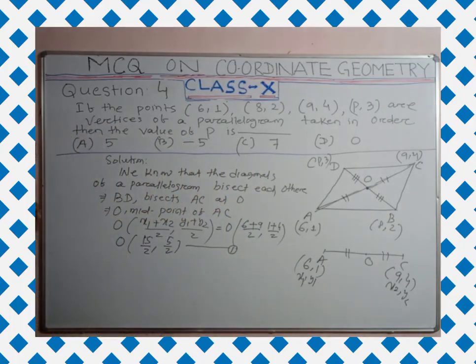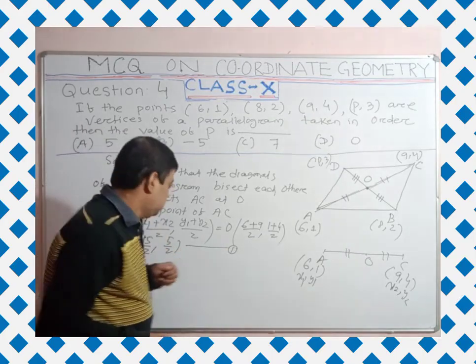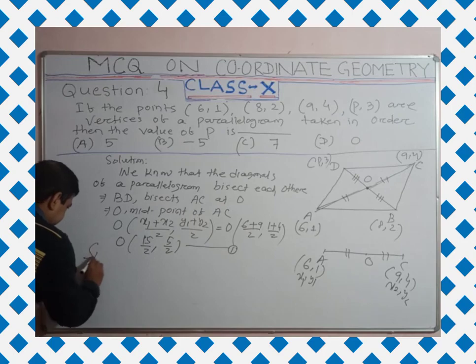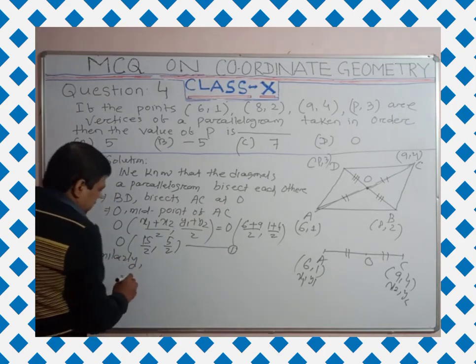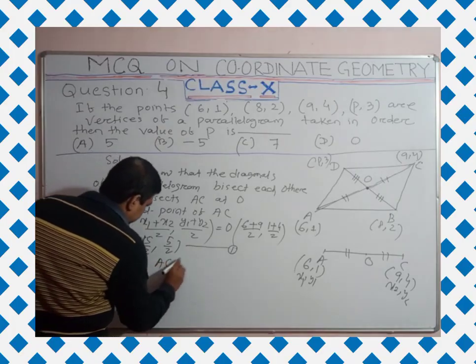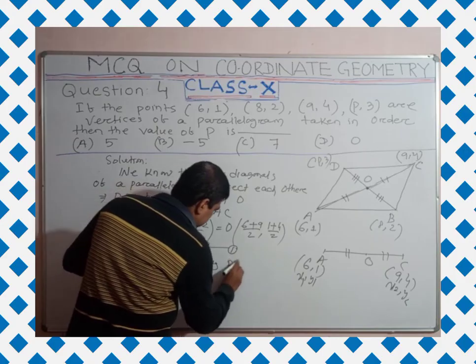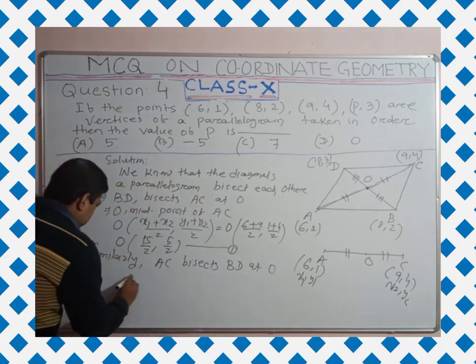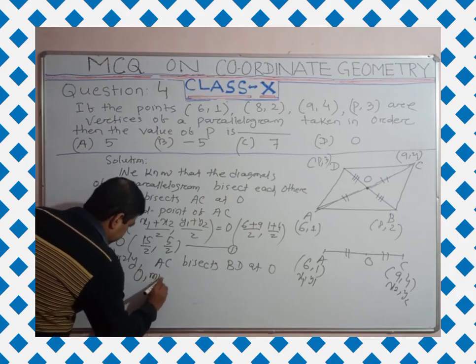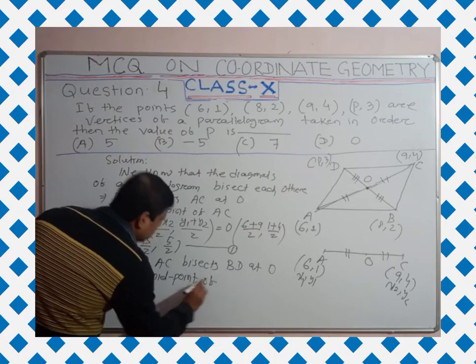Similarly, the diagonal AC bisects BD at the point O, and O is the midpoint of BD.